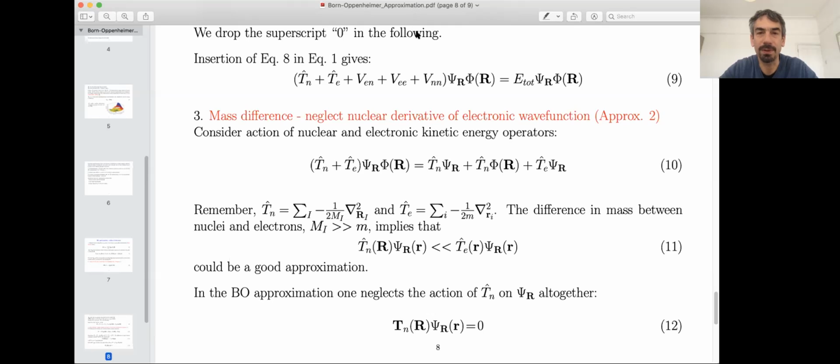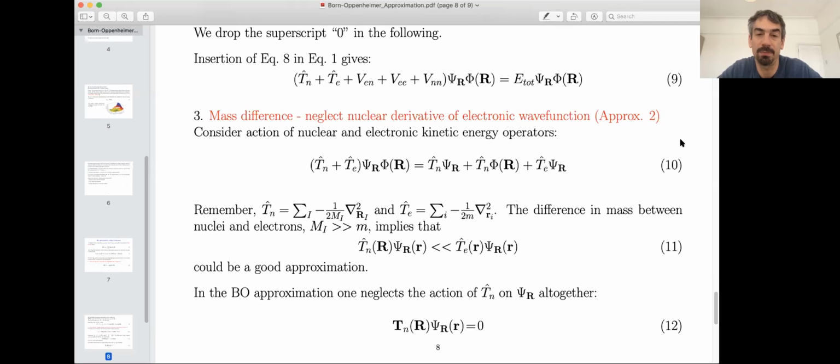Any other things? The physical interpretation of the Born-Oppenheimer approximation, is this clear? I think that's the most important thing, to understand that due to that mass difference, you can imagine that the electrons track more or less instantly the nuclear motion.